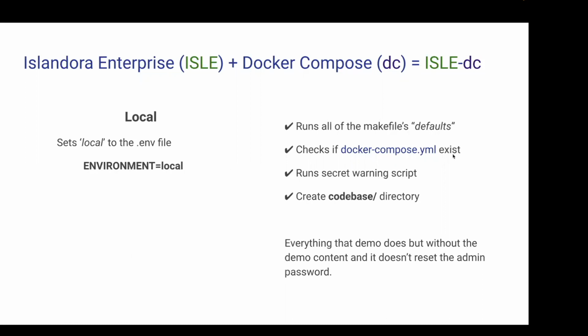And this just runs all the same process as make demo, but without the demo content. And if you looked at the Makefile, for the demo function, it literally runs make local, and then the very next line is import dummy data. So it's just running this.